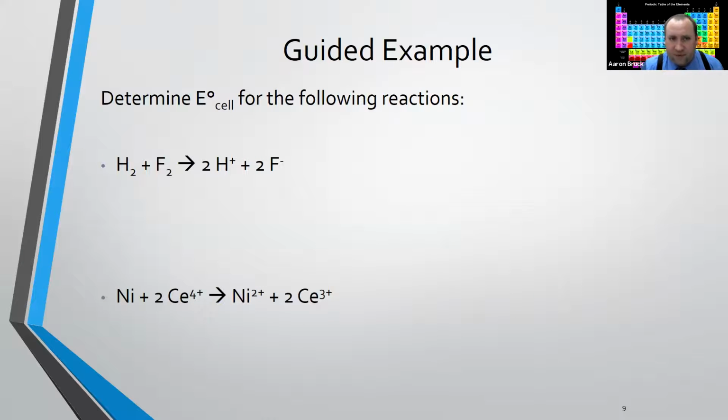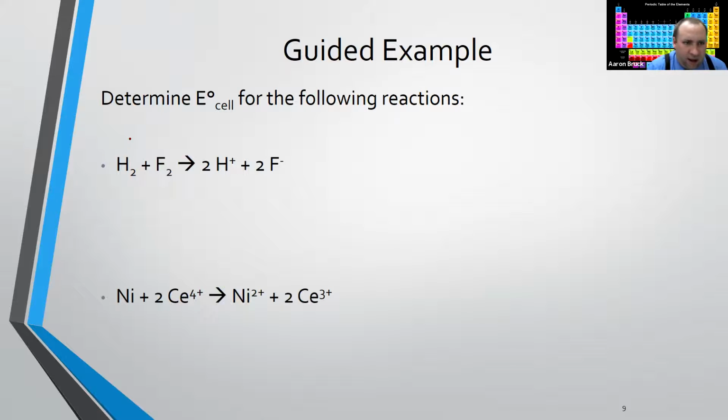Let's do a couple of examples. First of all, let's determine the Ecell value for these two chemical reactions. For that, we're going to have to go back to the tables that we were looking at just a minute ago. The first one is hydrogen reacting with fluorine to make hydrogen ion and fluoride ion.